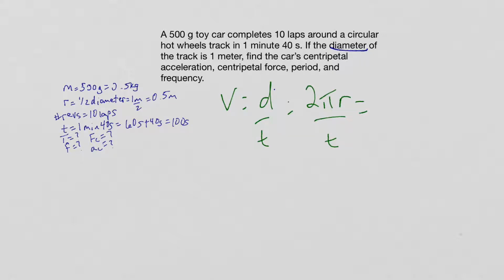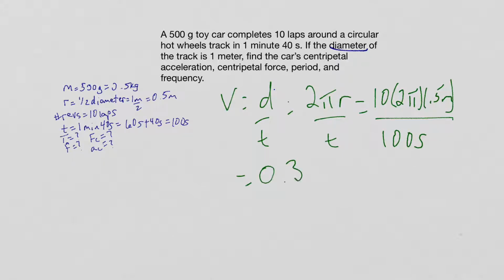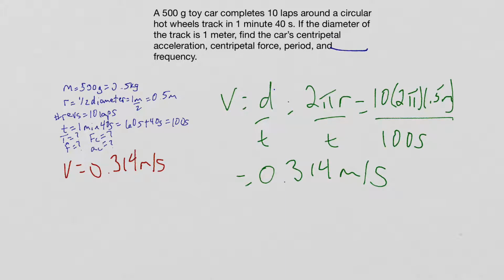So it is the distance it's traveling, which is 10 revolutions, times 2 pi times the radius, which is 0.5 meters, divided by the 100 seconds. And that gives us 0.314 meters per second. So we can add the 0.314 meters per second to our knowns and unknowns list.